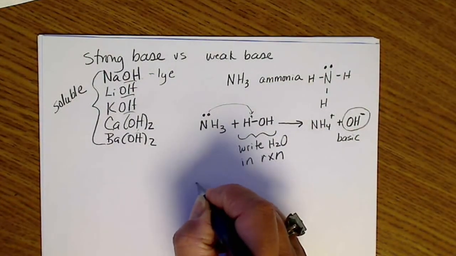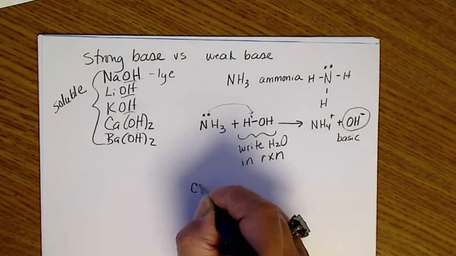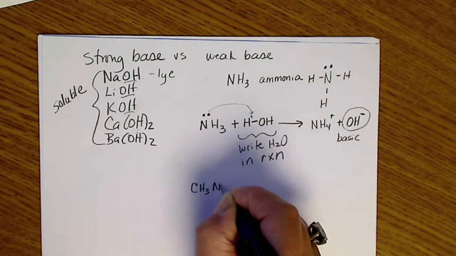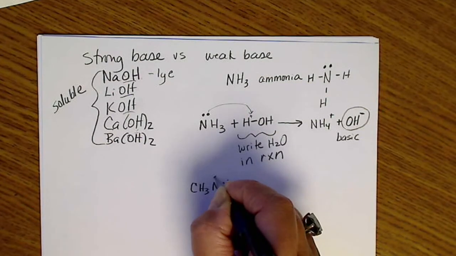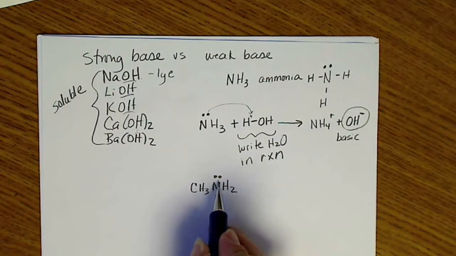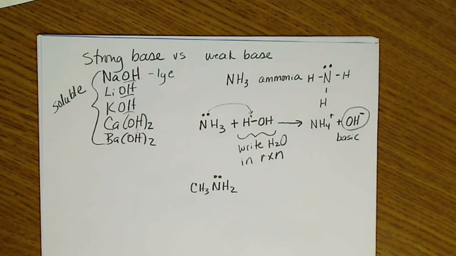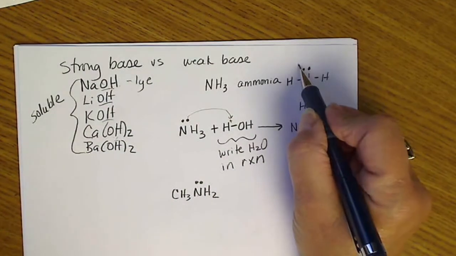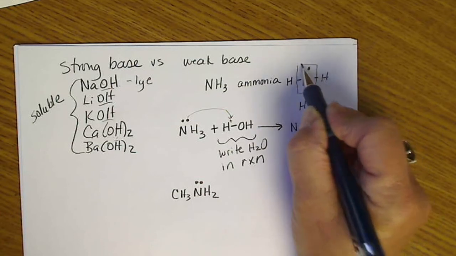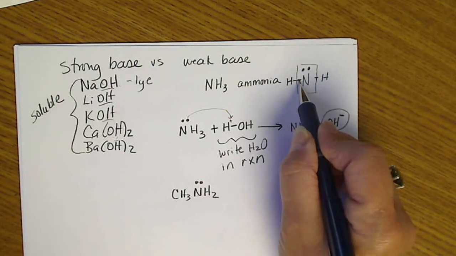So methylamine, which is CH3NH2, that also has nitrogen with its lone pair. Remember, the formal charge on nitrogen is 0 when it's in this environment.